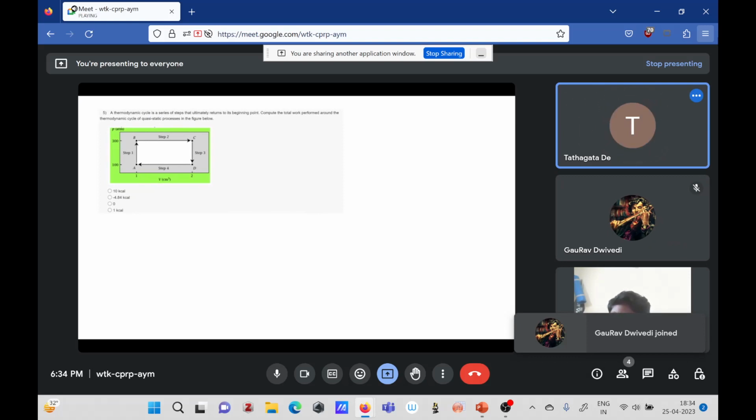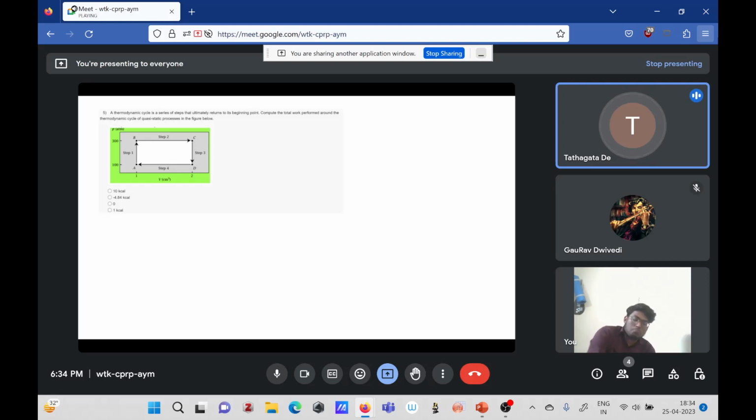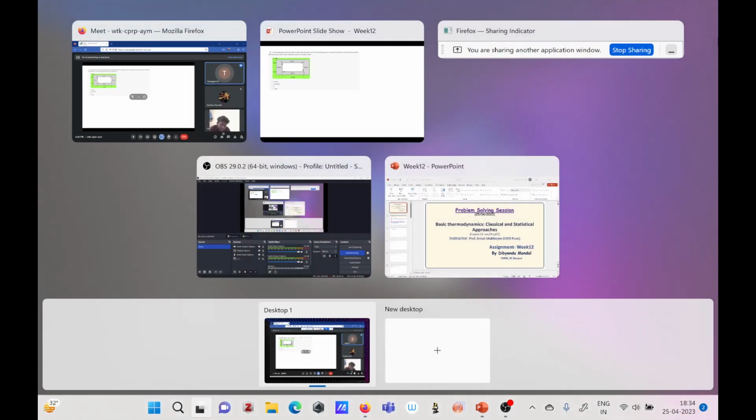And step 4 will be positive because volume compression is occurring, so work will be positive. So minus 300 plus 100, that's why minus 200.